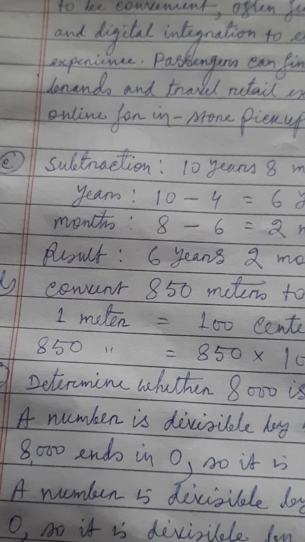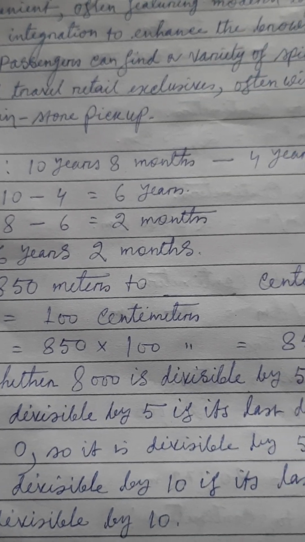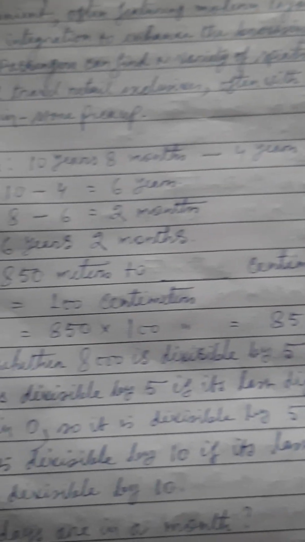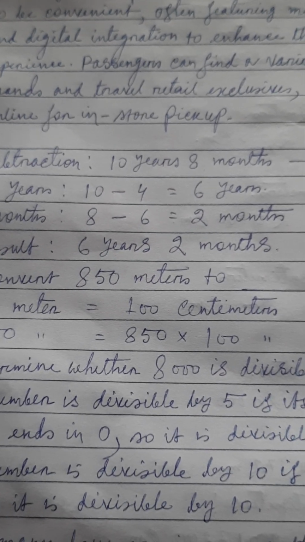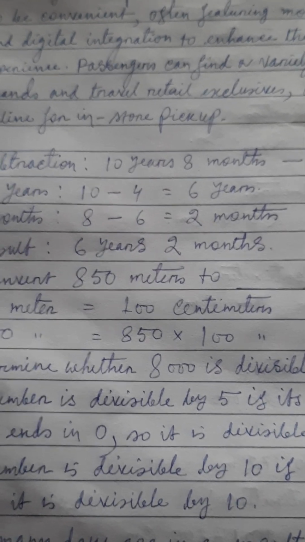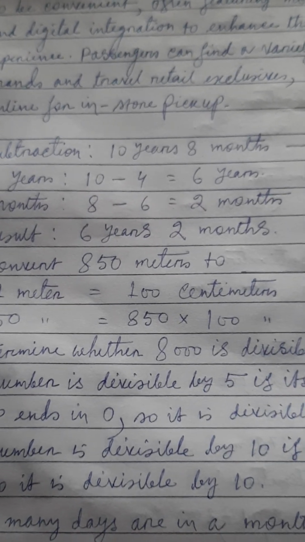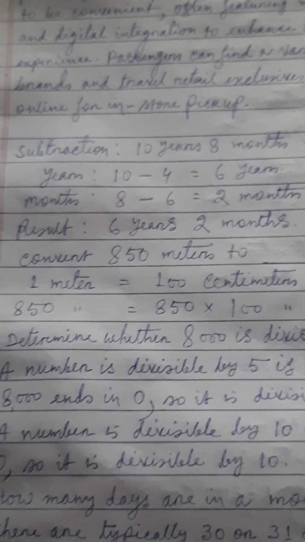Question number C. Subtraction. 10 years 8 months minus 4 years 6 months. Years 10 minus 4 is 6 years. Months 8 minus 6, 2 months. Result 6 years 2 months.